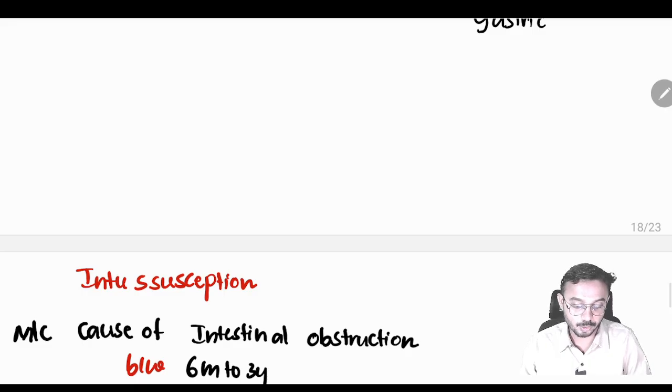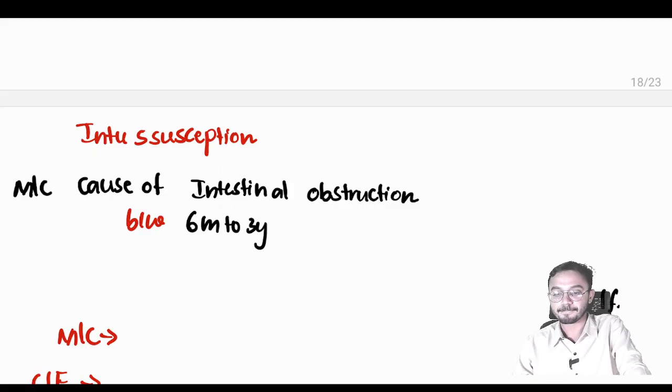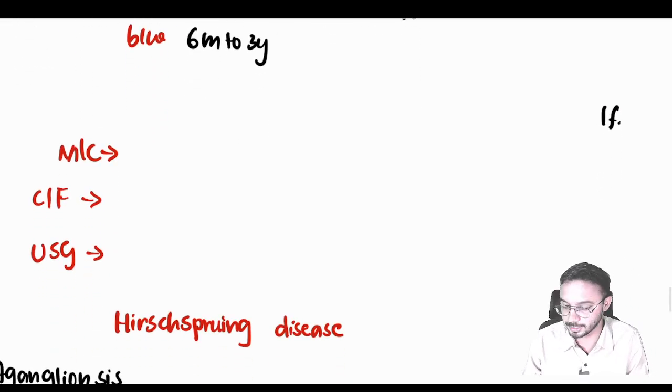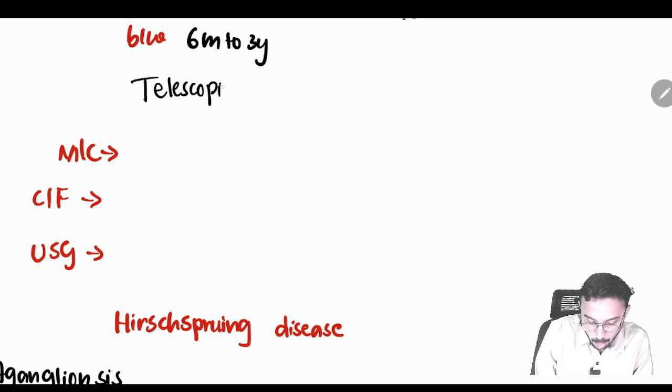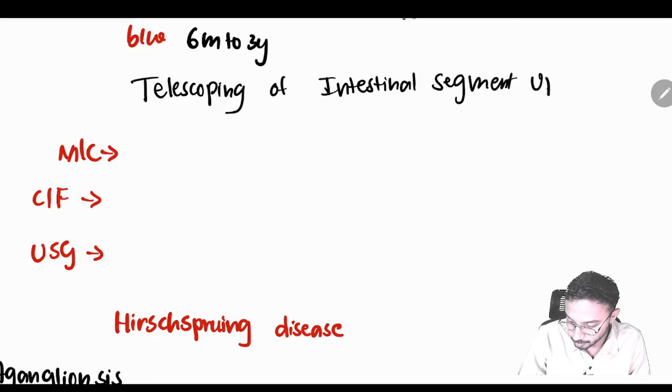And next, intussusception. This is the most common cause of intestinal obstruction between 6 months and 3 years. What actually happens is telescoping of an intestinal segment upon itself.